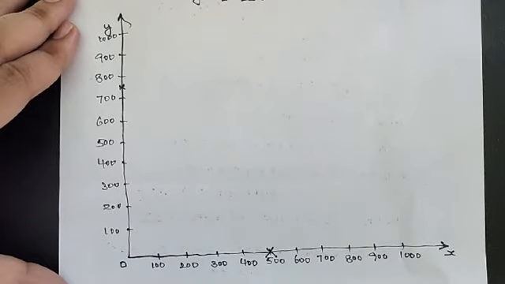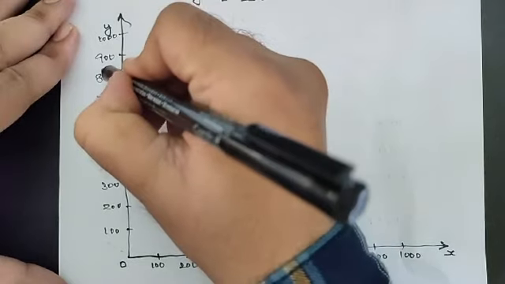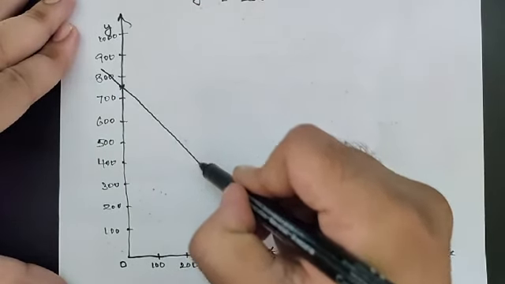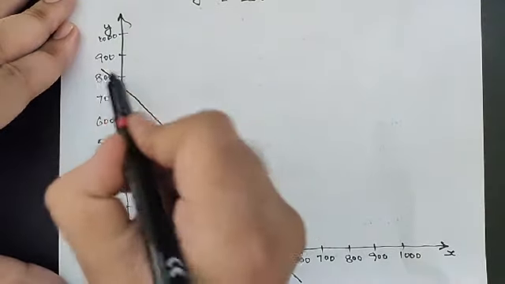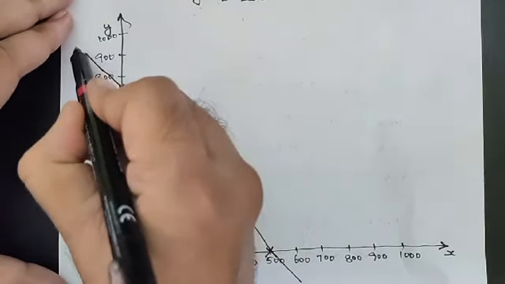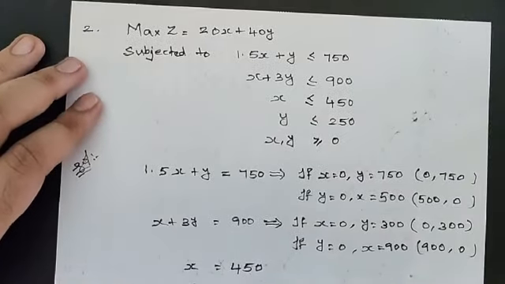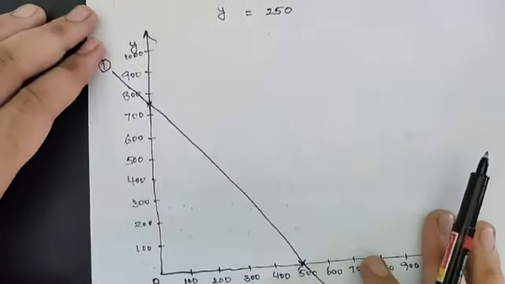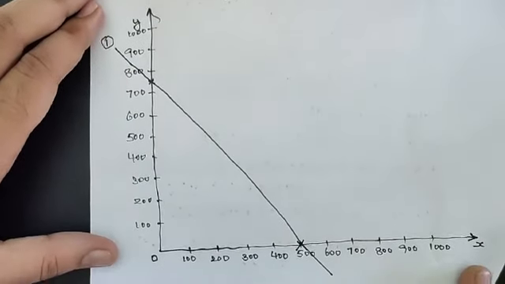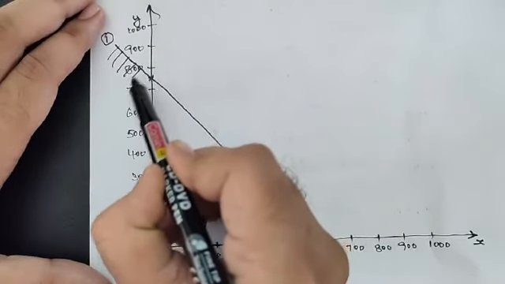So this one is the point. So now draw a line by joining these 2 points. Right. So this one is our first constraint. The constraint is of type less than or equal to, so the region is completely below the line.